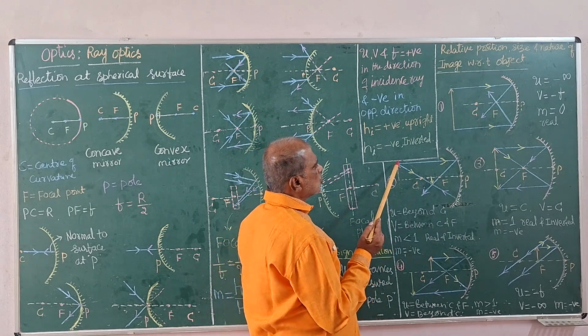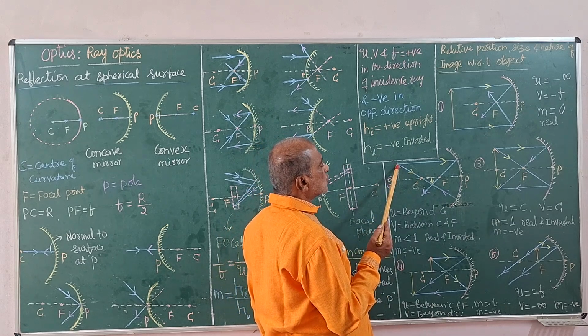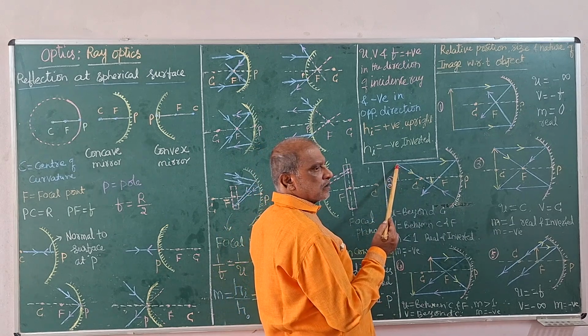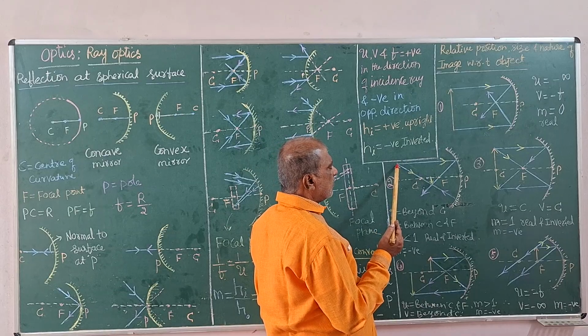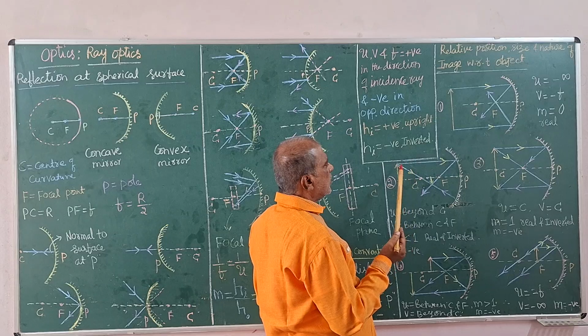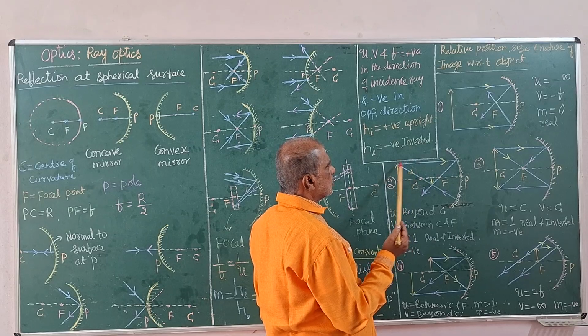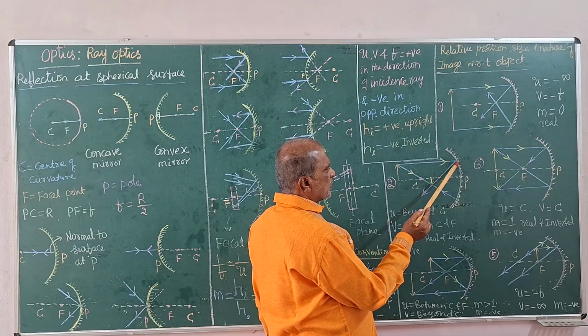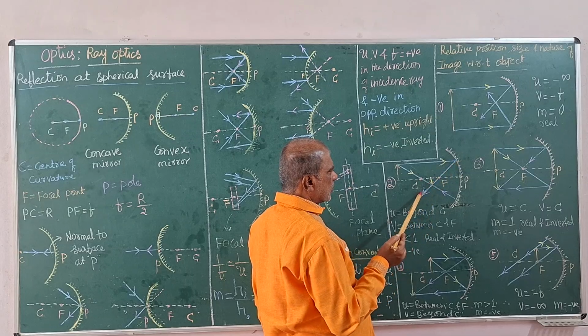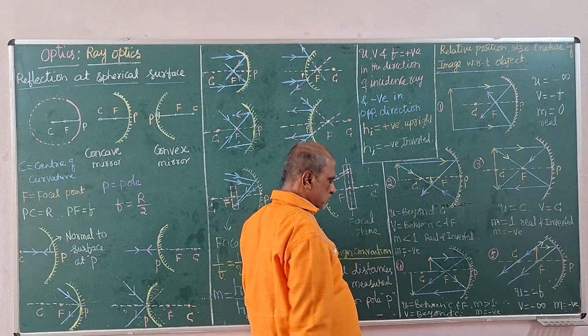I am taking these two rays. At least two rays we need to take from this point to understand where we get the image of the point. Now after reflection, the ray parallel to the principal axis should pass through F.